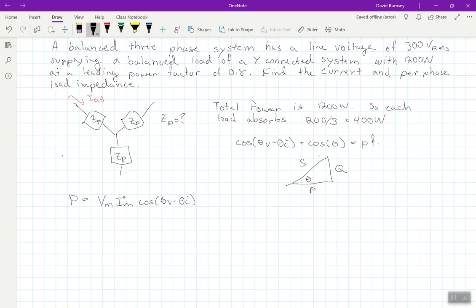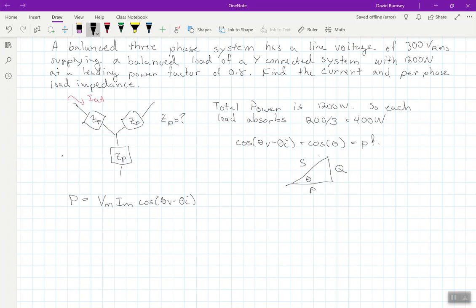Okay, well that helps me out quite a bit actually, because I can simply figure out what the current is. It's not asking for the phase, it's just asking for what the current is. So I just need to know what IM is.